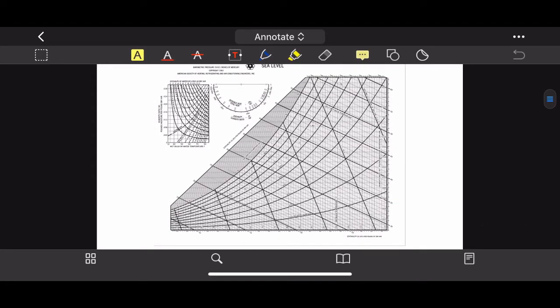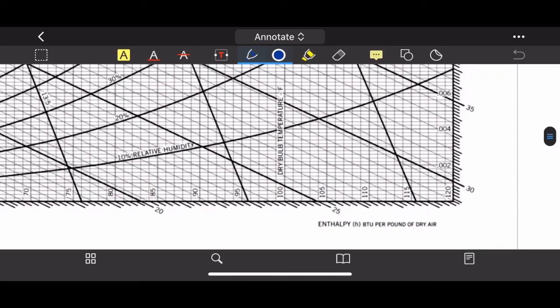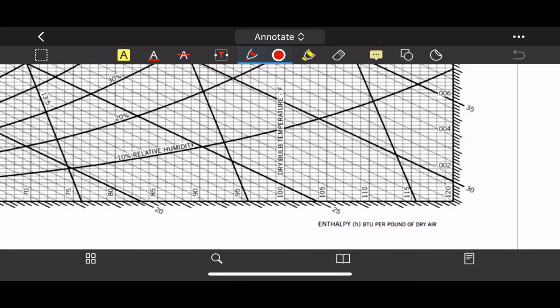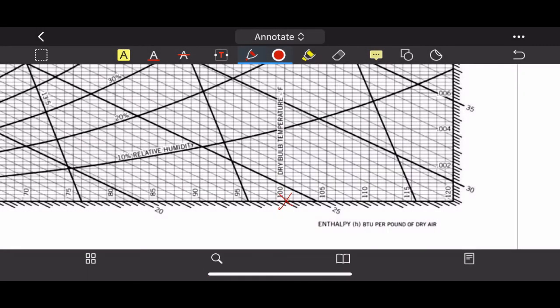Okay, so the solution is find your dry bulb first at 100 degrees. Change it to 0.5 and black, which is this one. Oh, it's too small. Okay, alright, that is 100 dry bulb temperature.